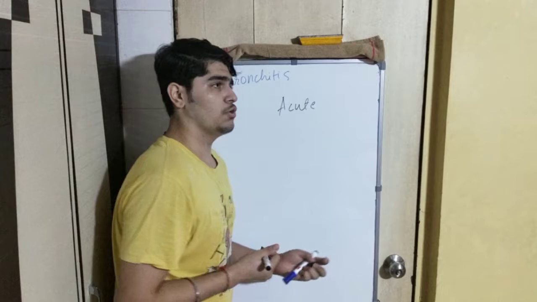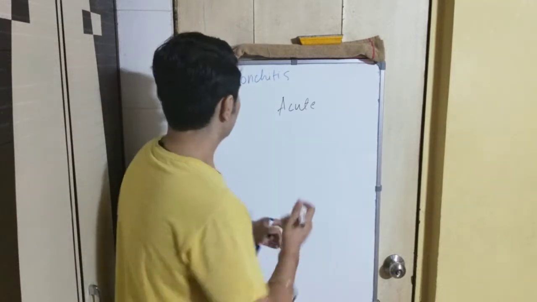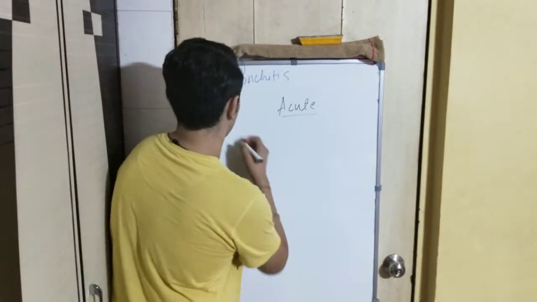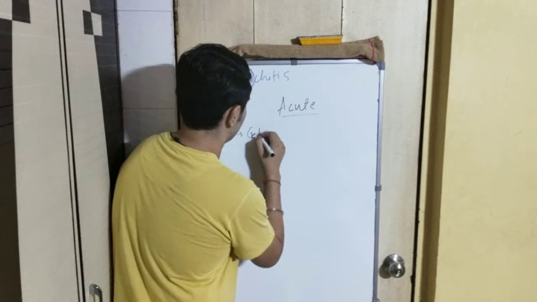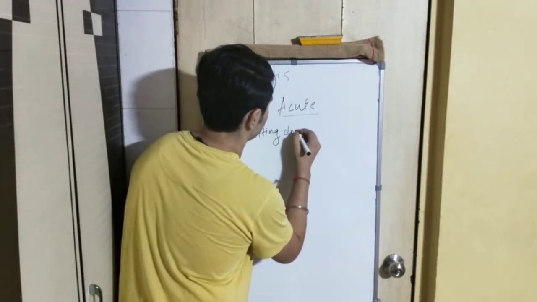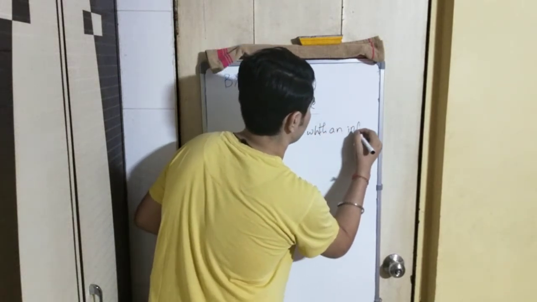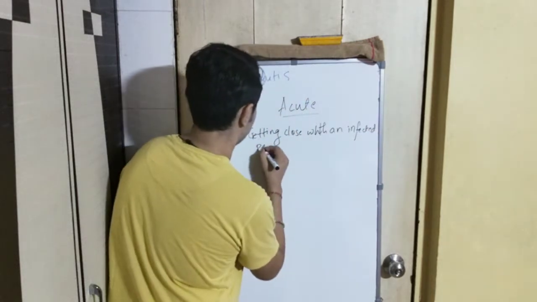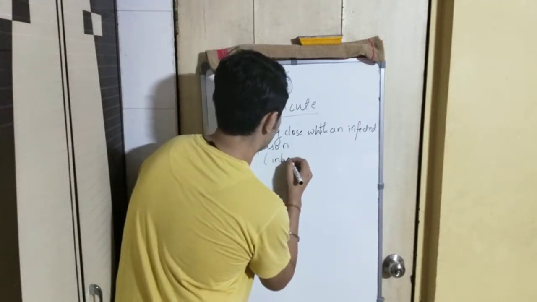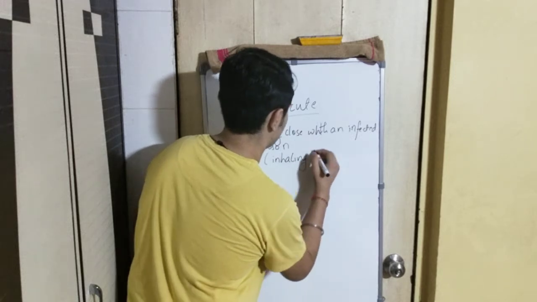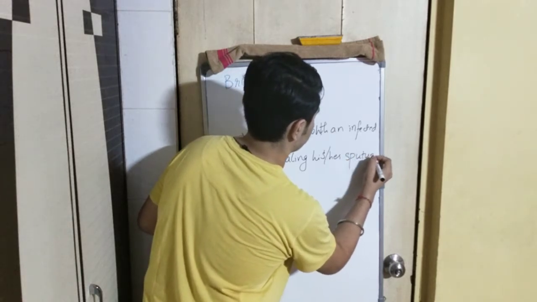So acute bronchitis can also be told as the first stage of chronic bronchitis or first stage of bronchitis. It is due to getting close with an infected person, that is inhaling sputum.